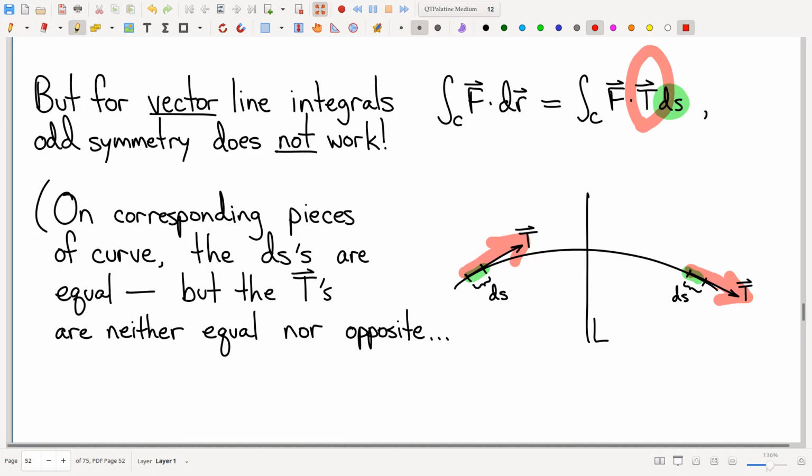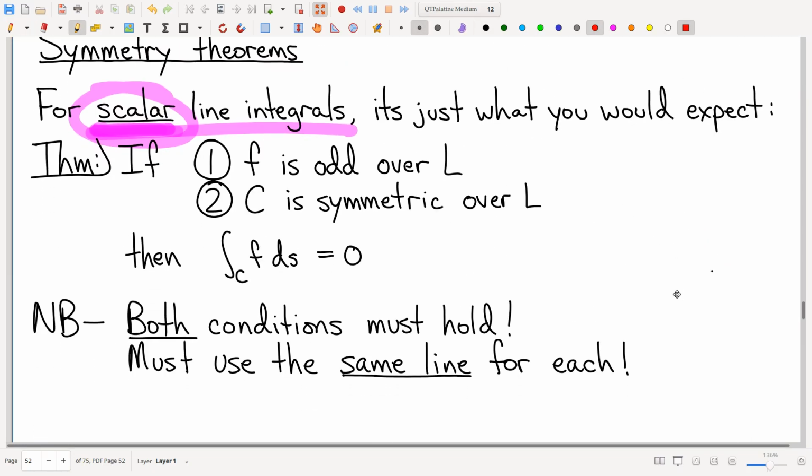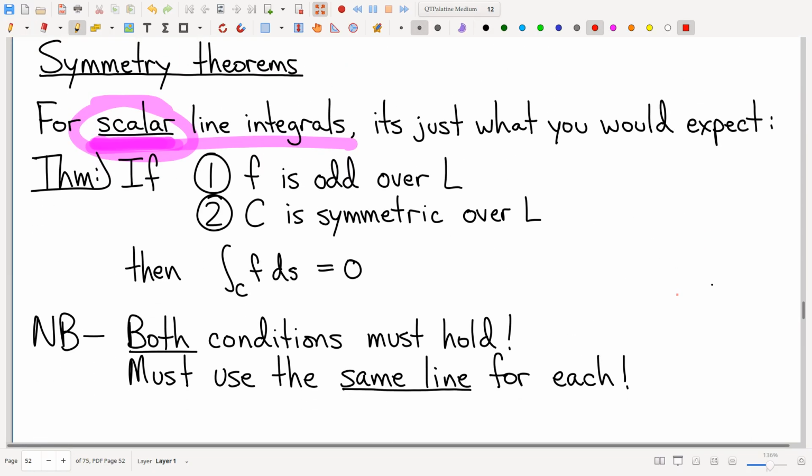You're not going to be able to make an odd symmetry theorem work. Does everybody see why we would not expect that to work out? Okay, so do be very careful about this, and if you apply a symmetry theorem, make sure that it is only being applied to a scalar line integral.